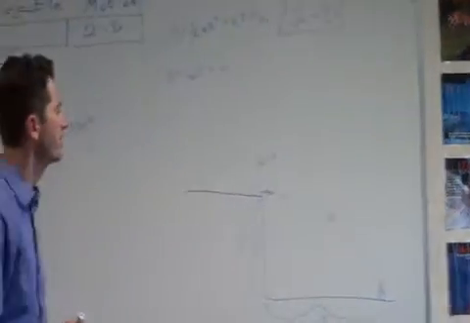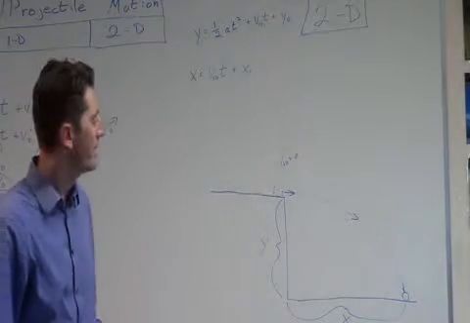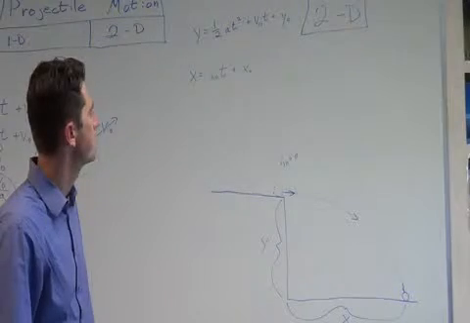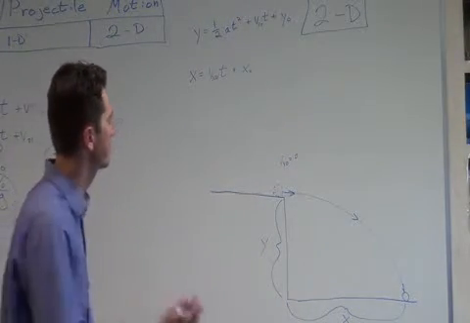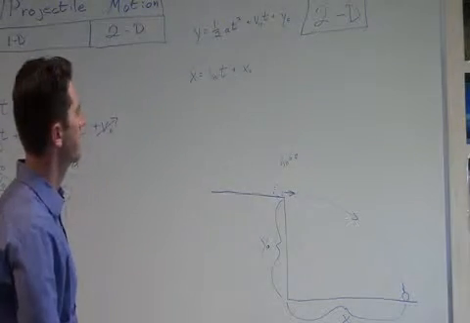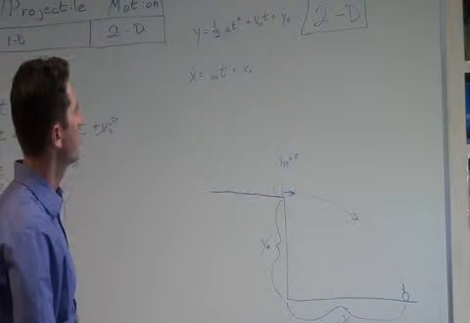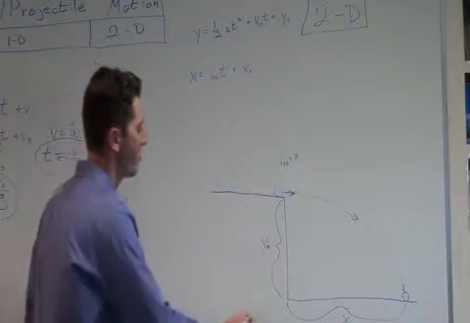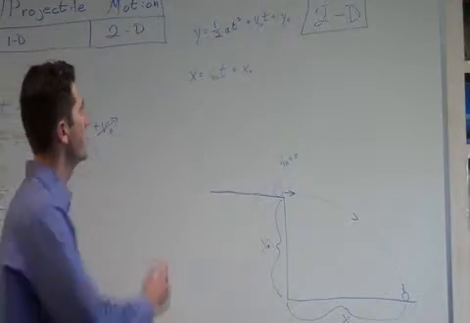So here we go. The first thing that I would do from here is solve for the time. So we know that y naught is going to be given. We'll call this y naught. And so from there we can say that this y at the bottom is equal to 0.